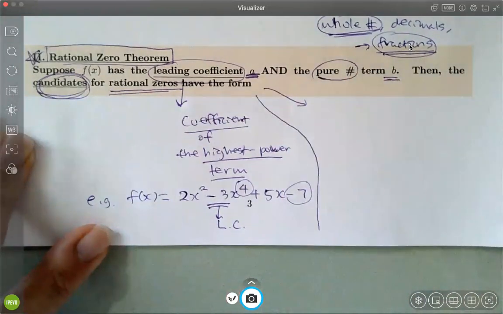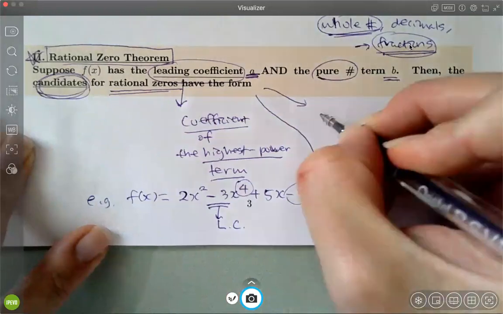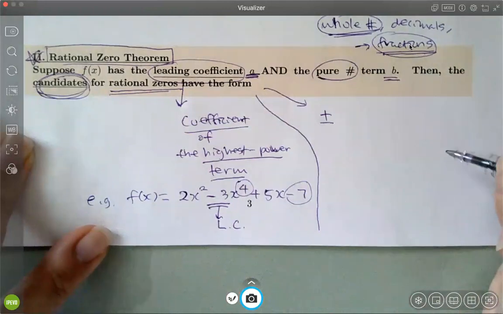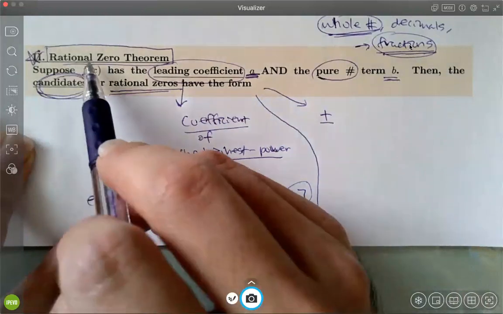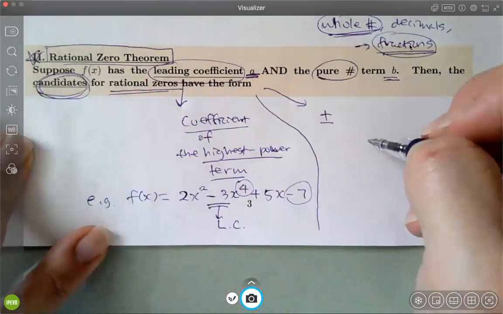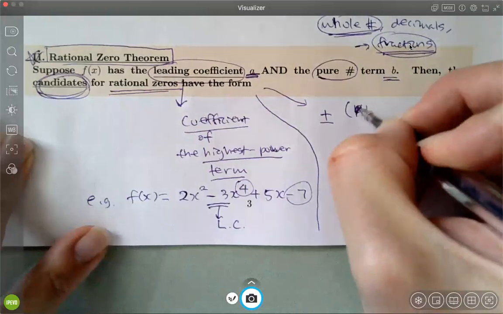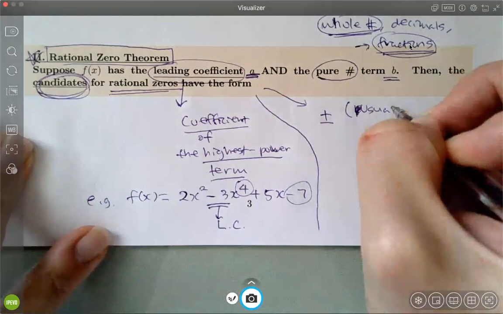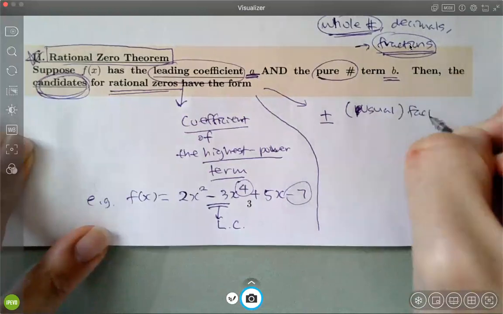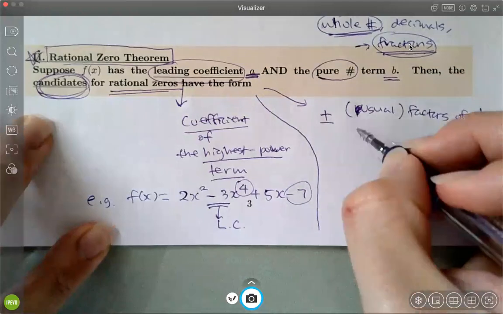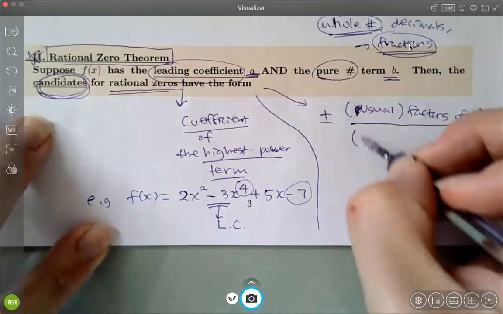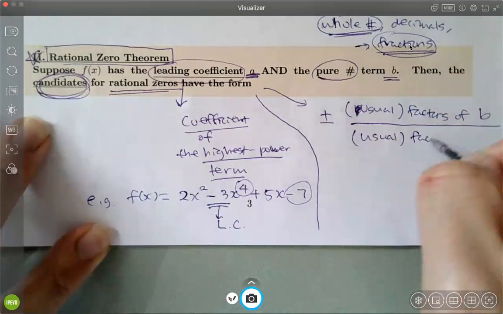So first you put plus minus sign in front, and then remember the word rational means fractional, so you have a fraction here, and what goes to the top, or the numerator? The usual factors of b divided by the usual factors of a.